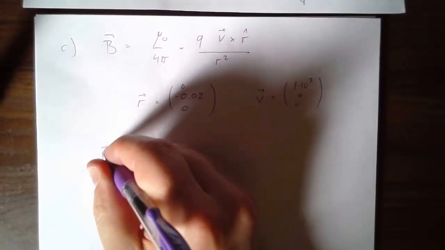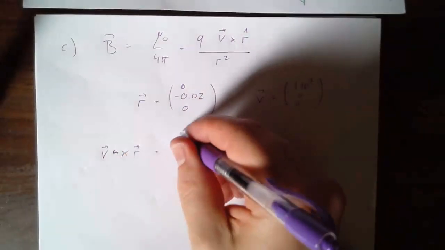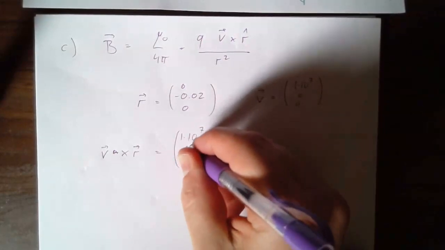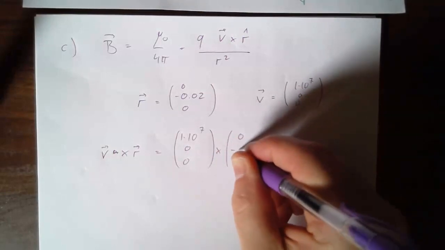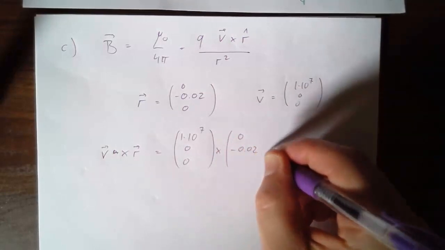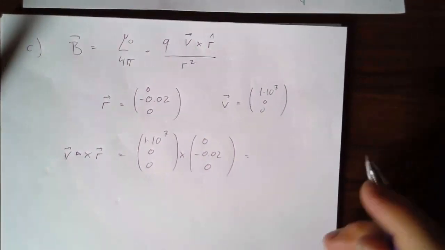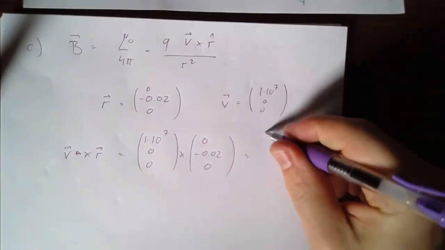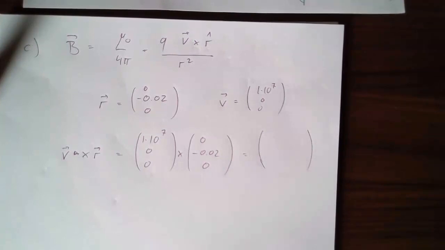So V cross R. What's that? So I'm going to write down again 1 times 10 to the 7, 0, 0, cross product 0, minus 0.02, 0. Okay, let me color code this. These two vectors make one vector, right?